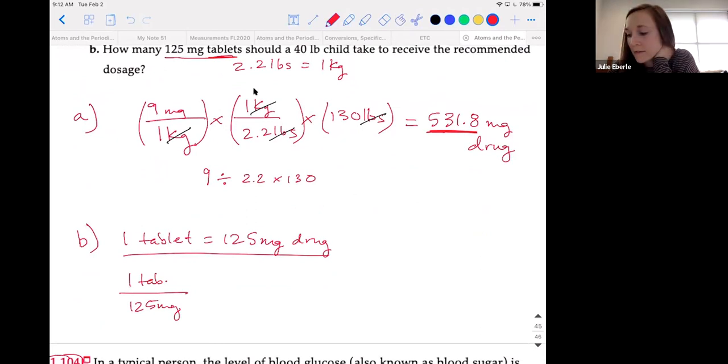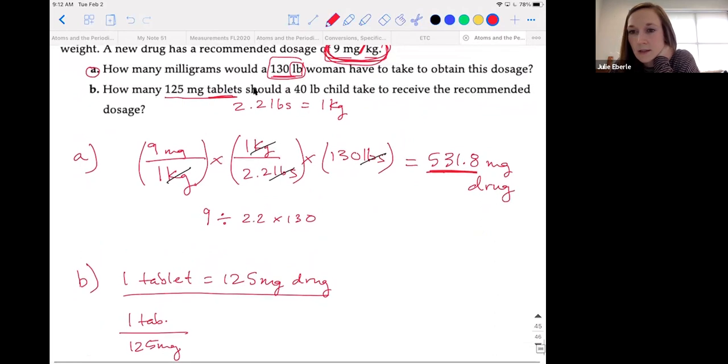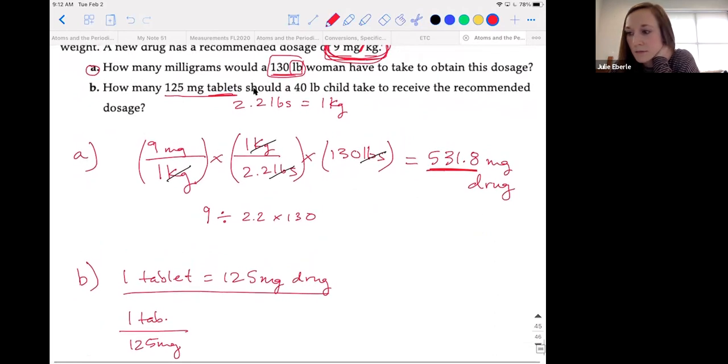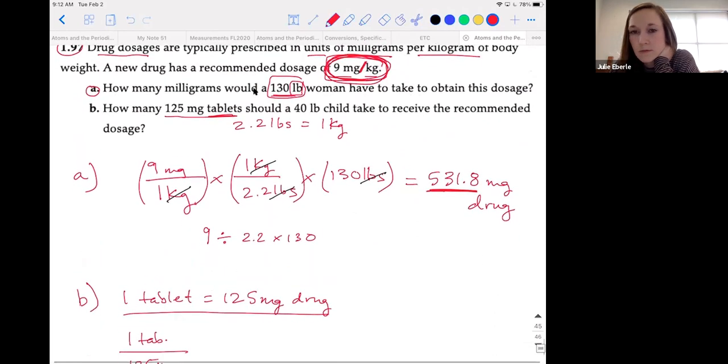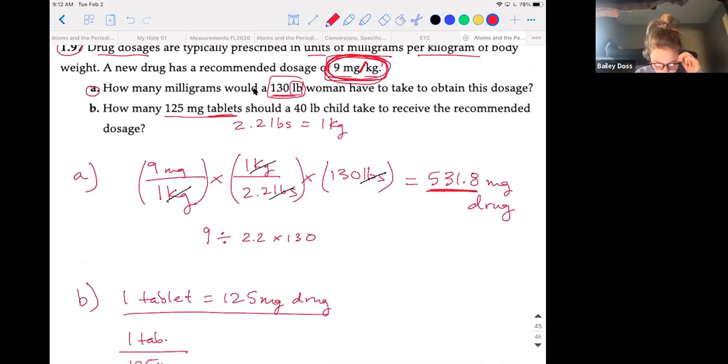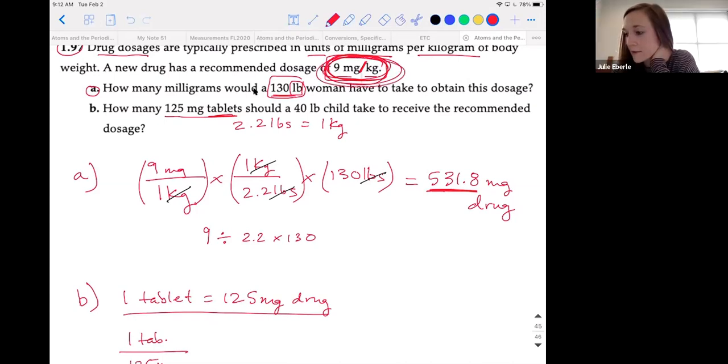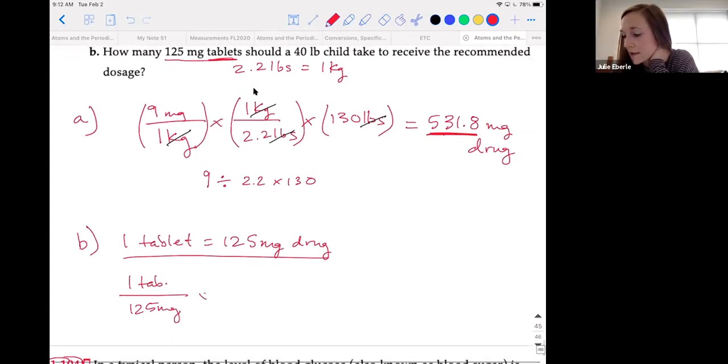How can we get rid of milligrams? Do we have another relationship that lets us cancel milligrams? Nine milligrams per 1 kilogram. Perfect, this one right up here. Plug it in so that milligrams cancel: 9 milligrams of the drug for 1 kg body weight.